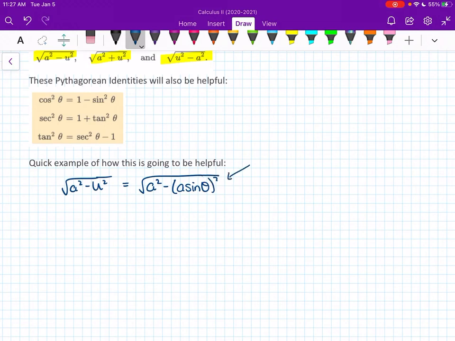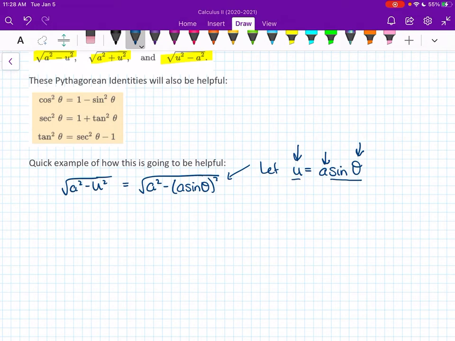So basically what I did is I let u equal a sine theta, and so I know that no matter what u is, a is a number like 3, 4, whatever, I can find a theta such that sine of that theta is going to be equal to whatever x value I need.